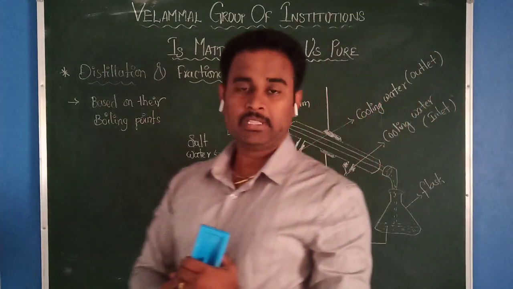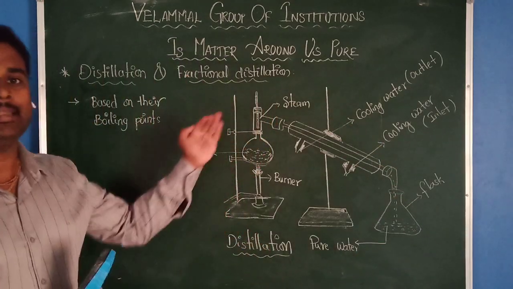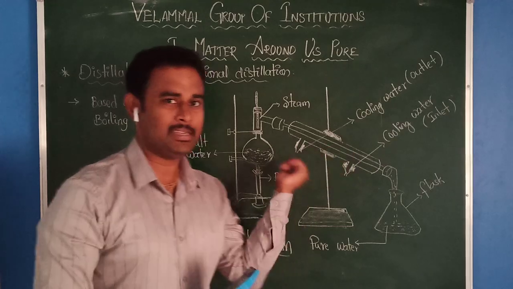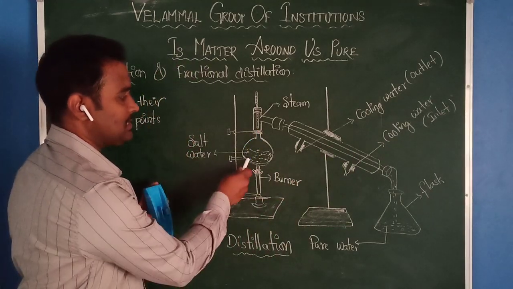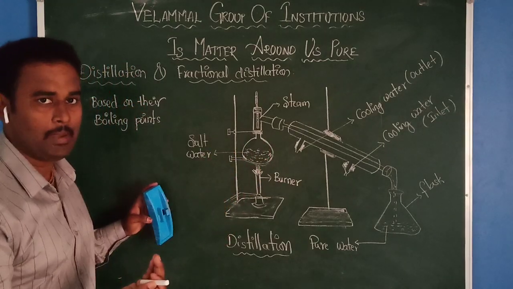First, let us discuss the apparatus which we are using for the distillation process. Hope you all know the names of the apparatus. Let us discuss one by one. This is called a distillation flask, or sometimes we can use a round bottom flask also.